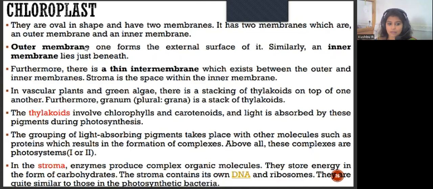In vascular plants and green algae, there is a stacking of thylakoids. Thylakoids involve chlorophyll and carotenoids. Chlorophyll is the important pigment that chloroplast contains.